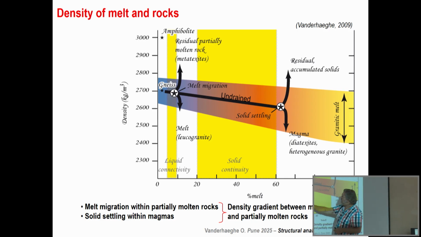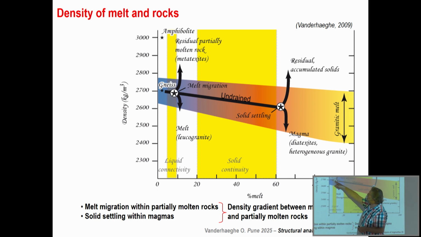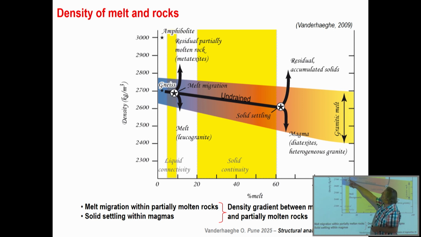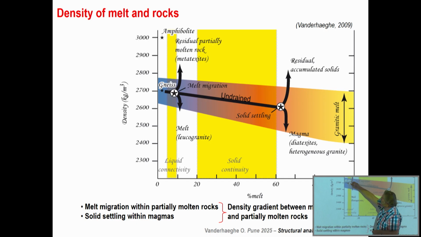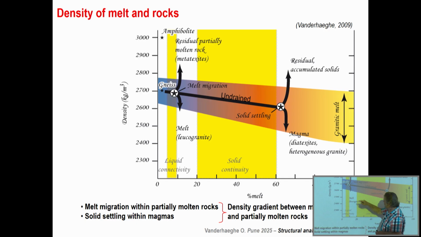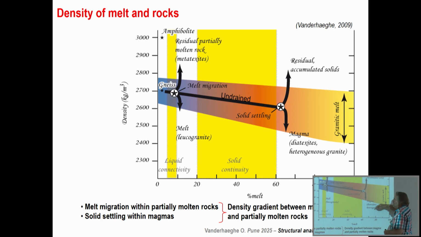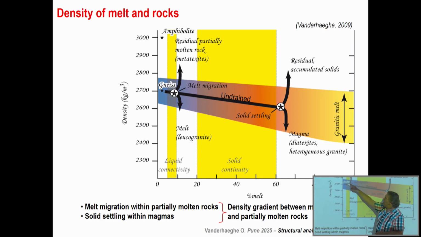So what happens at the liquid connectivity when the liquid segregates from the gneiss? Well, the liquid will go, its density will resemble this one. And if it's extracted, then the residual gneiss will increase its density.